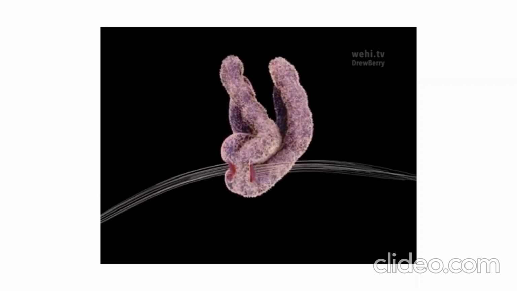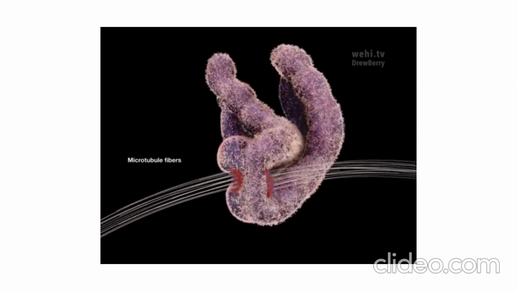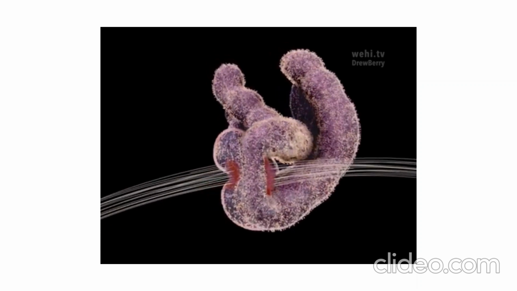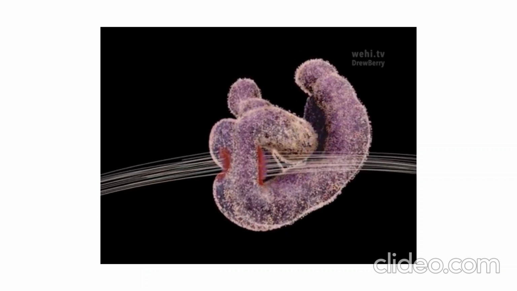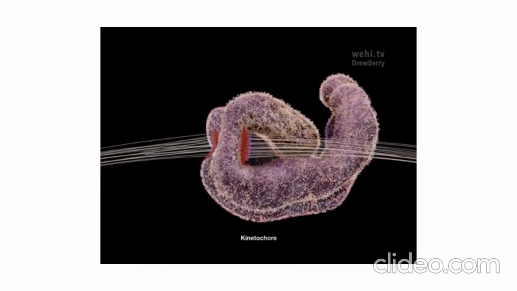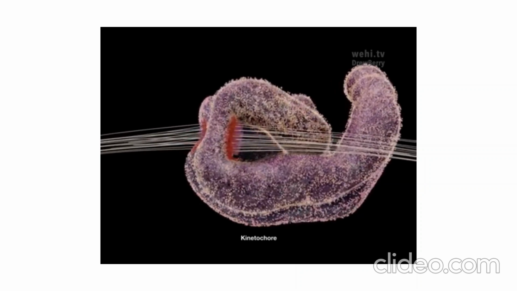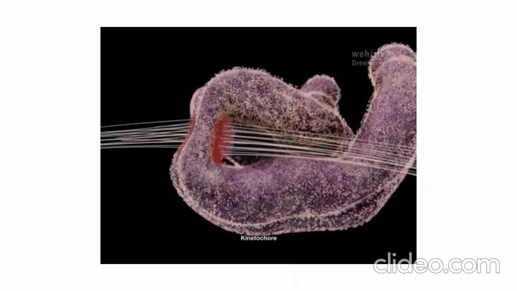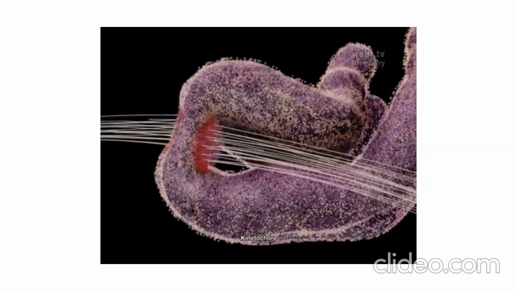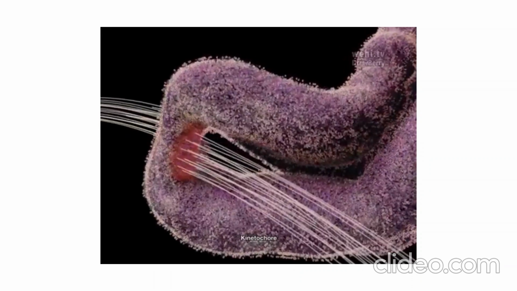Sticking out from either side are microtubule fibers from the mitotic spindle used for orienting and guiding the chromosomes to their correct positions. The red region is the kinetochore, which works as the interface between the microtubules and the chromosome. The kinetochore is one of the largest and most complex molecular mechanisms inside living cells, with multiple functions to perform.